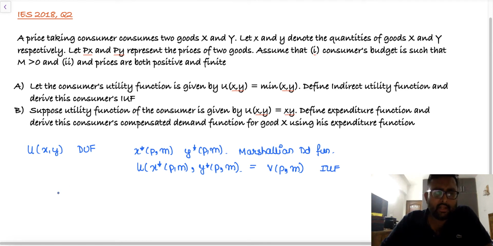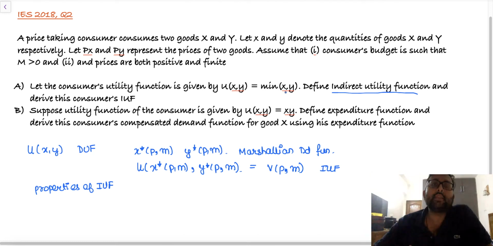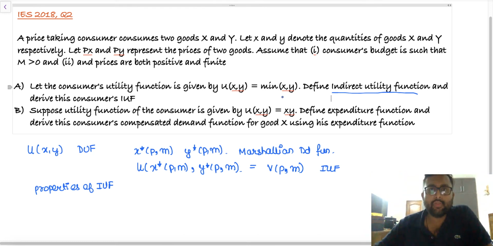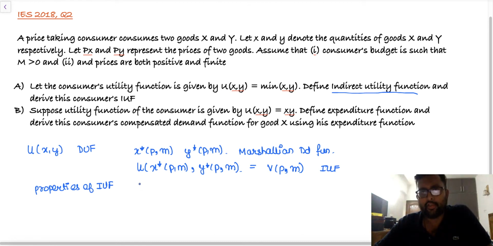And there are certain properties of the indirect utility function. See, guys, when you will be making notes, you will have to make notes in such a way. Let us say they have asked this indirect utility function. So try to know what an indirect utility function is. Try to know something more than what is required in the question. Of course, whatever I am telling you in the answer here, you don't have to write everything there, but you need to know a little more than what is required in every question.